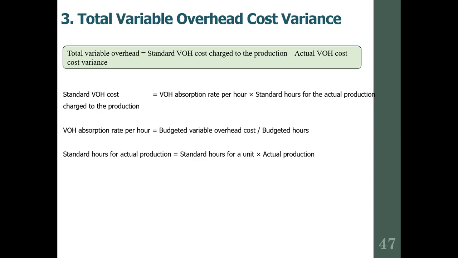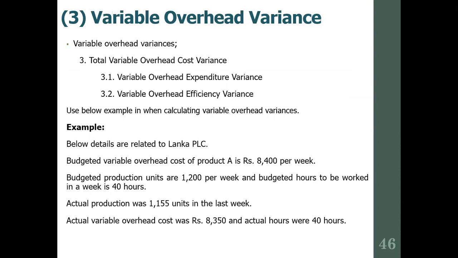So this variable overhead cost variance is what we are going to subsequently divide into two: the expenditure variance and the efficiency variance. Because this overhead cost variance basically happens due to two reasons. One is the difference in the expenditure that you have planned, and the other is the efficiency difference, the actual efficiency versus the standard efficiency, actual expenditure versus the standard expenditure, right?